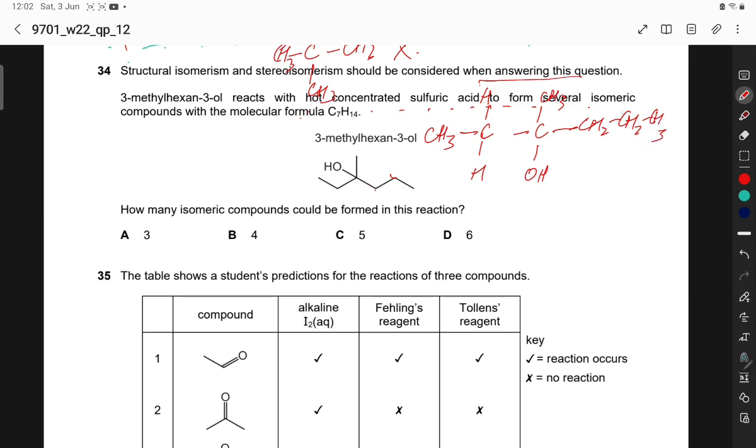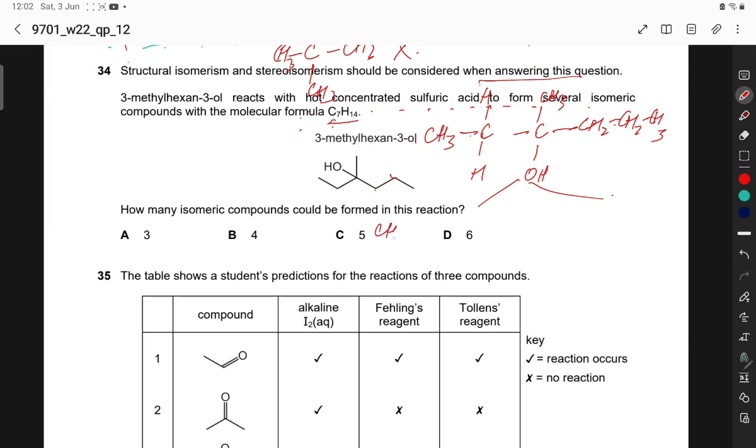How many isomeric compounds could be produced? 1, 2, 3, 4, 5, 6, 7.